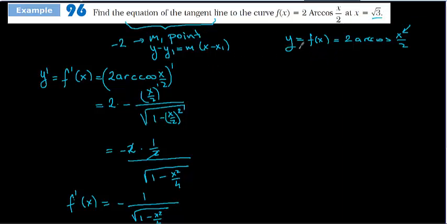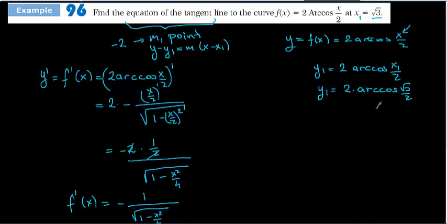So y1 is equal to 2 times arc cosine x1 over 2, which is 2 times arc cosine root 3 over 2.